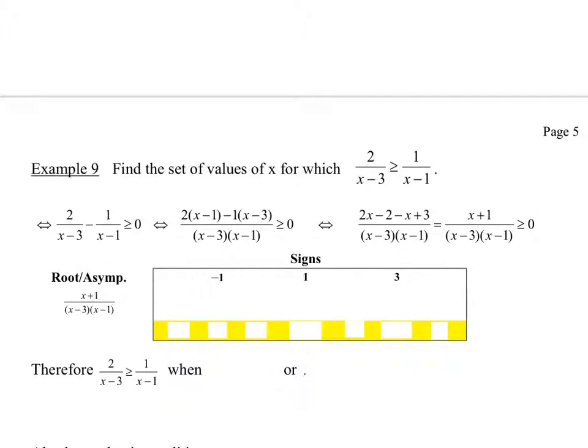And then, same as we did before, we've got to test a value of x that's to the left of negative 1. So, for example, you could take negative 2. If you take negative 2 and put it in the top, that gives you a negative on the top. Negative 2 minus 3 is negative 5, that's negative. Negative 2 minus 1 is negative.